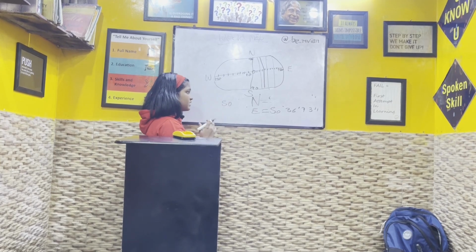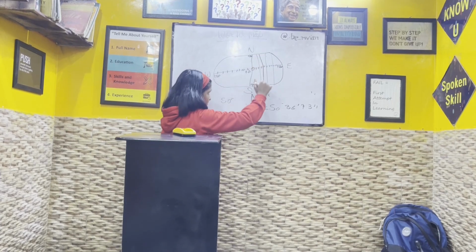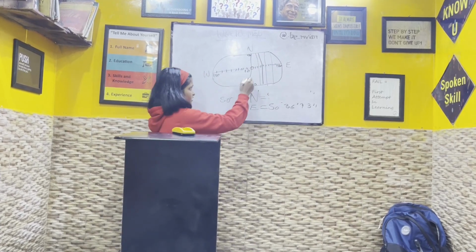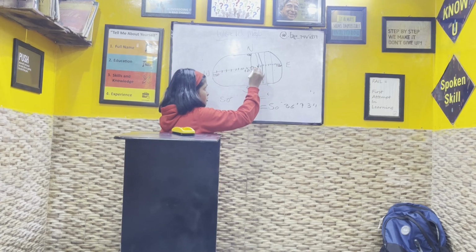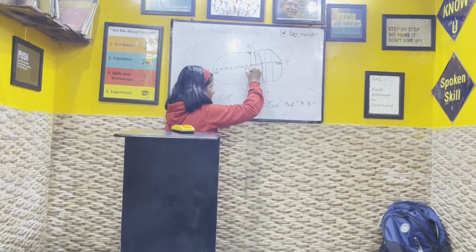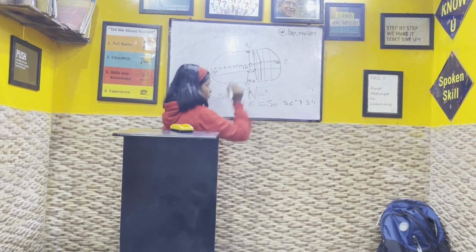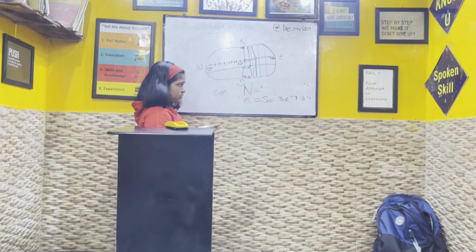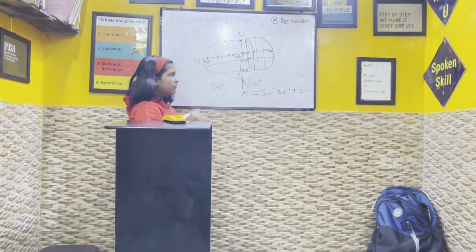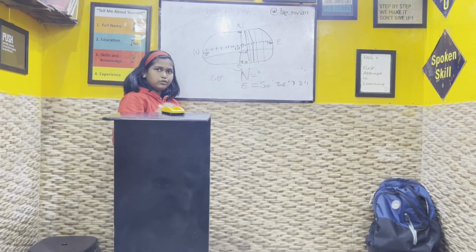Like this is the coordinate, this is your line, and this is the 50. So this is the point where you are. Width and height, yes. So now you have to tell your minute.